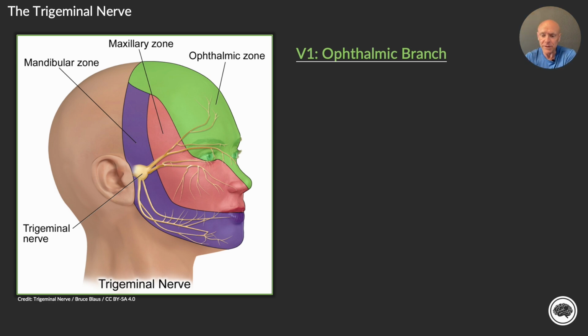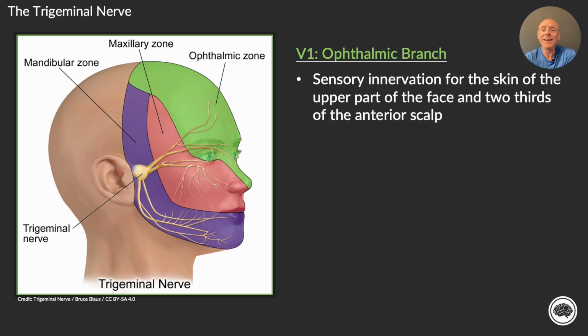So the ophthalmic branch, as you can see, is the green branch. It has a lot of different functions, but some of this is super important with regards to headache. Number one, the ophthalmic branch gives sensory innervation for the skin of the upper part of the face and 2/3 of the anterior scalp. You can see that little map, right? For each branch of the trigeminal nerve there's a map, and within that branch it does some different stuff.